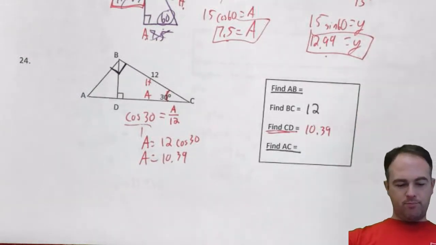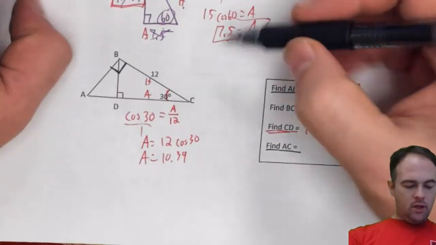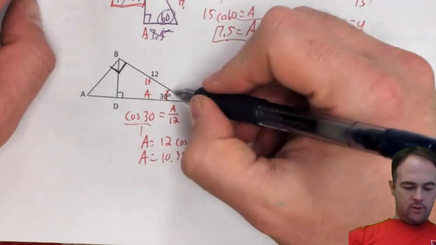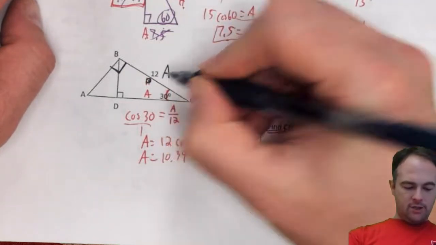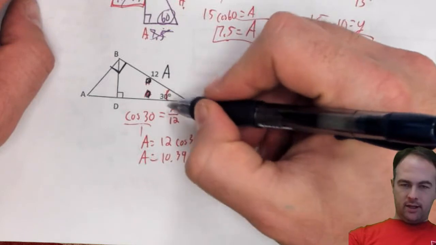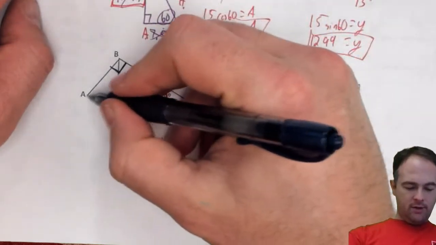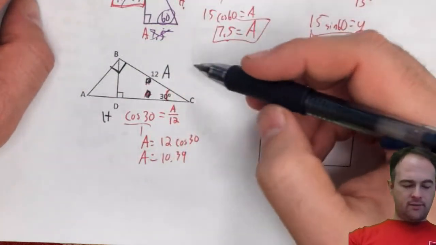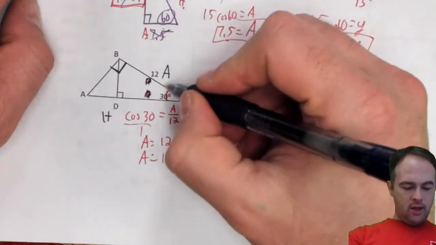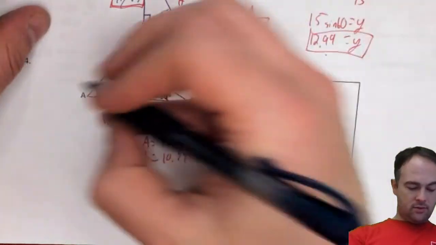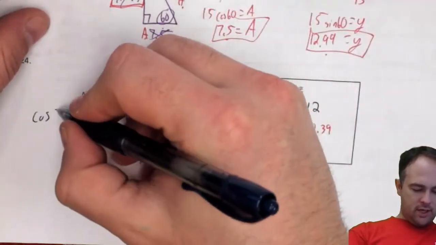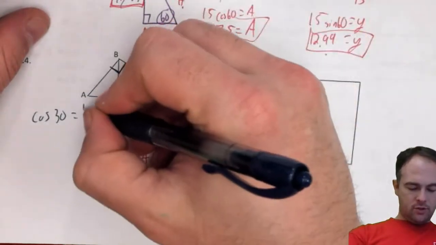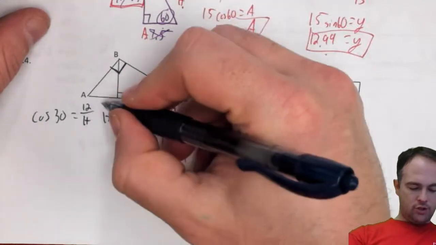Now I can move on to my big triangle. On the big triangle, 12 is no longer my hypotenuse. 12 is now my adjacent side because, again, 30 degrees is my reference angle. The hypotenuse is this whole side here, which is AC. Well, since I've already identified that, I'm going to go ahead and do AC here. Adjacent and hypotenuse, well, that's also cosine. So cosine of 30 equals adjacent over hypotenuse, which is 12 over h.